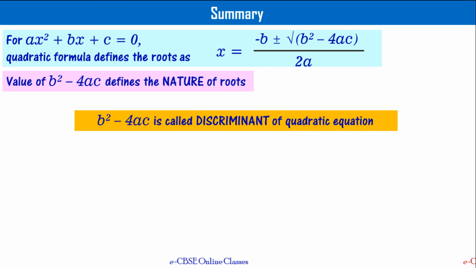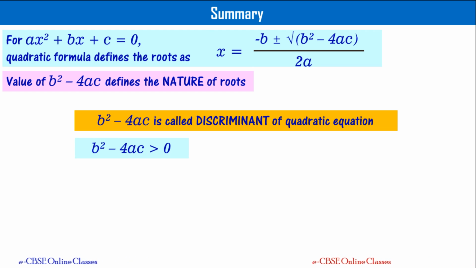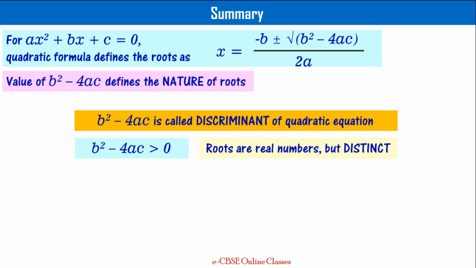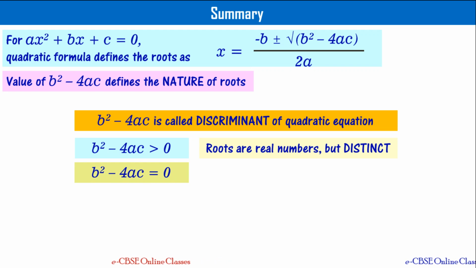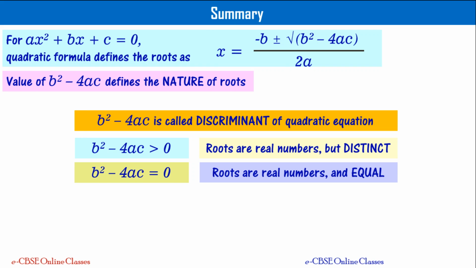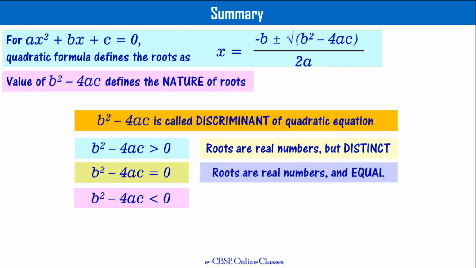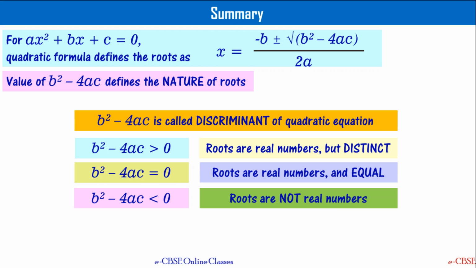Hence, b square minus 4ac is called discriminant of quadratic equation. When b square minus 4ac is greater than 0, roots are real numbers, but they are distinct. When b square minus 4ac equal to 0, then roots are real numbers and they are equal. When b square minus 4ac is less than 0, the roots are not going to be real numbers. This is what we have learned, right?